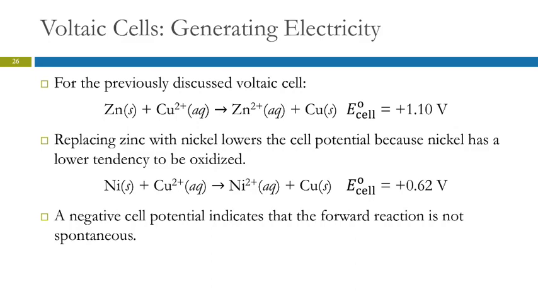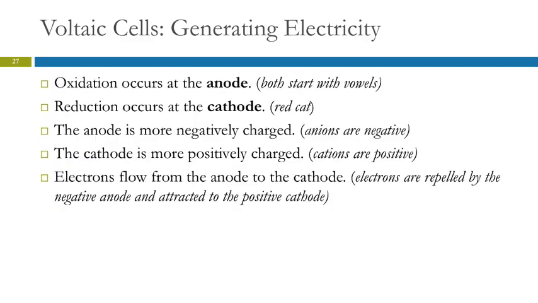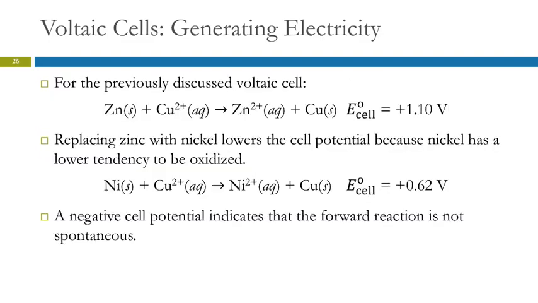Water does not flow uphill. It just doesn't, right? And electrons do not voluntarily move uphill either. So if this is negative, it's not going to happen. Then the reverse reaction would be spontaneous. It would want to go the opposite direction.